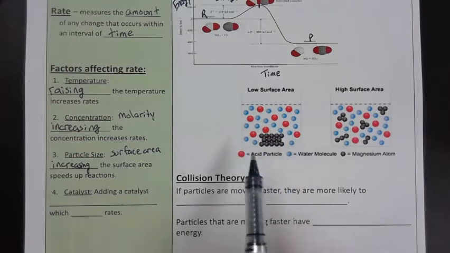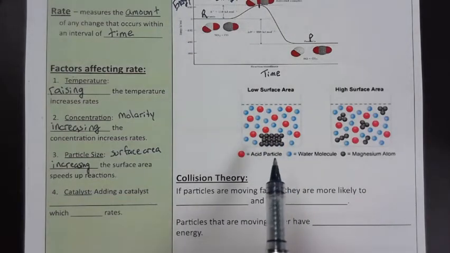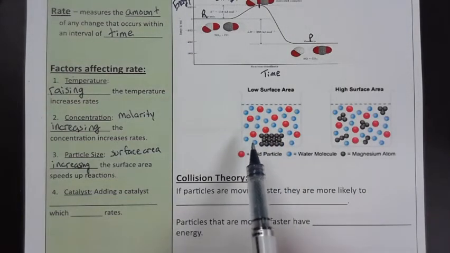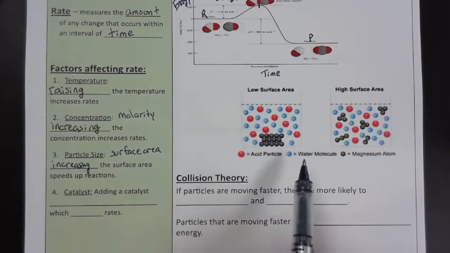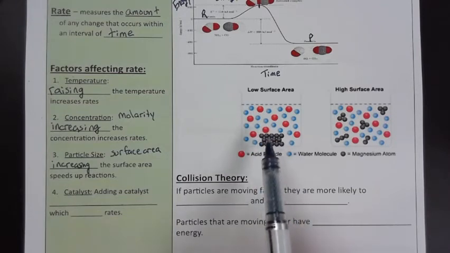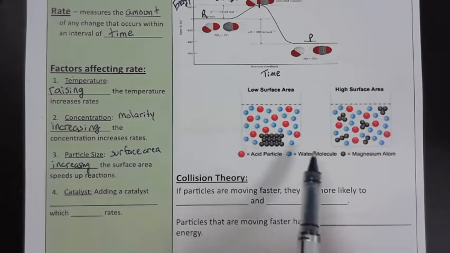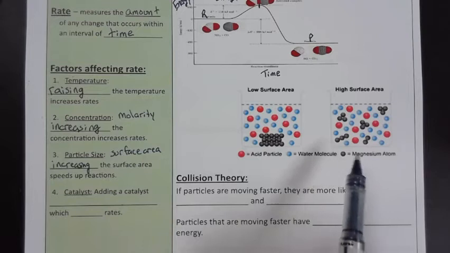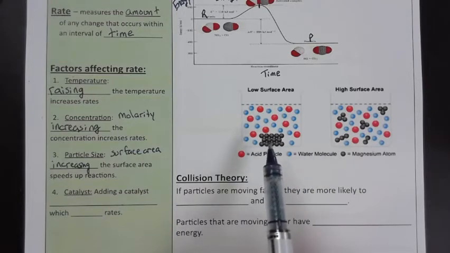And the image off to the right is a really good one that shows how this takes place. So the red particles here are acid particles. The blue particles here are water molecules that the acid's dissolved into. And then these black particles down here represent magnesium. And so this is actually similar to the lab that we did yesterday, but instead of actually breaking up the magnesium, we just kept it as one whole piece.